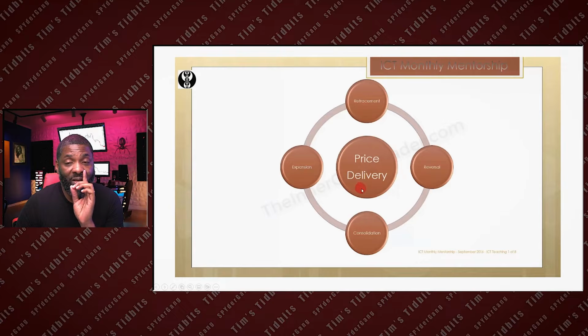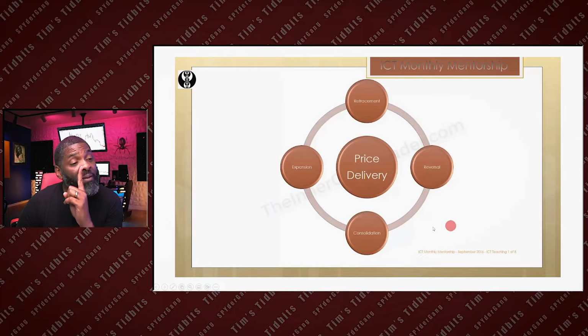Price will always consolidate, expand, retrace, then deliver, or it will consolidate, expand, reverse, retrace, and then deliver. So only two different ways price is going to move, right? This was game changing for me when I figured this out, going through Michael's content.